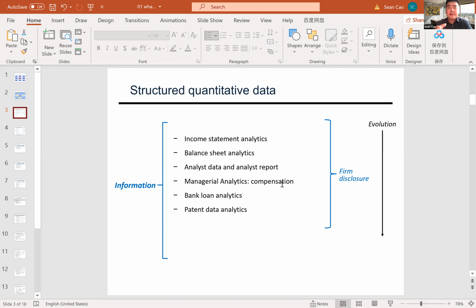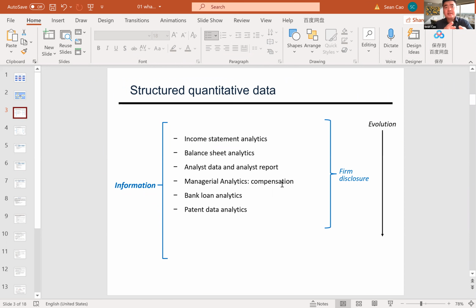Is Google filing patents about AI and machine learning? Is Amazon filing patents about cloud computing? So basically, by analyzing the patents, you can know which firms are doing innovation and which are not. Because only firms doing technology innovation can file patents. That's one piece of information you can get from the patent data.